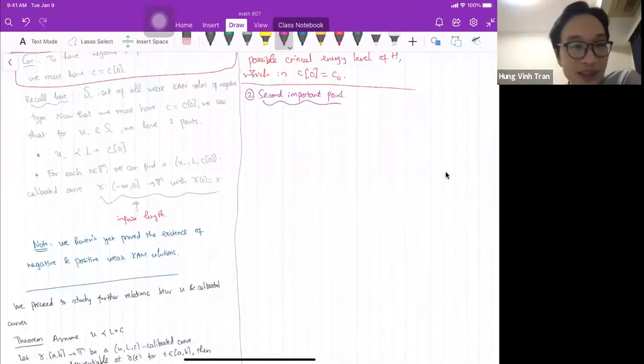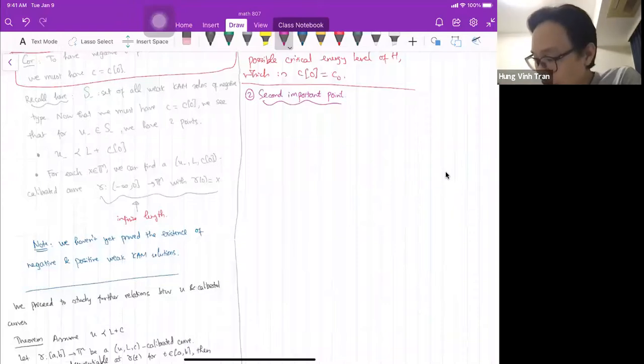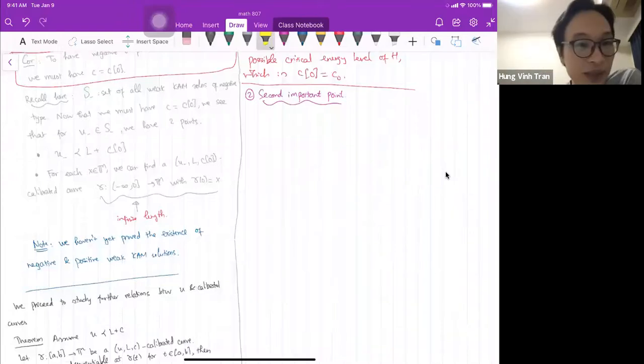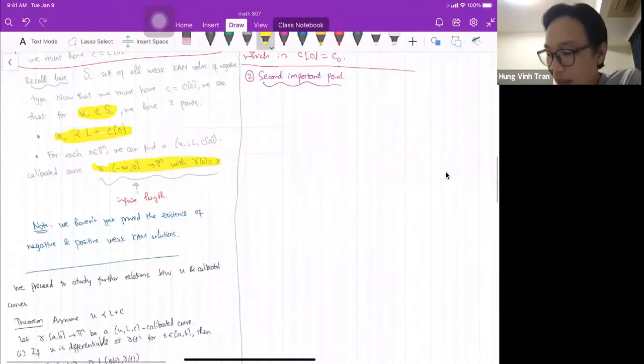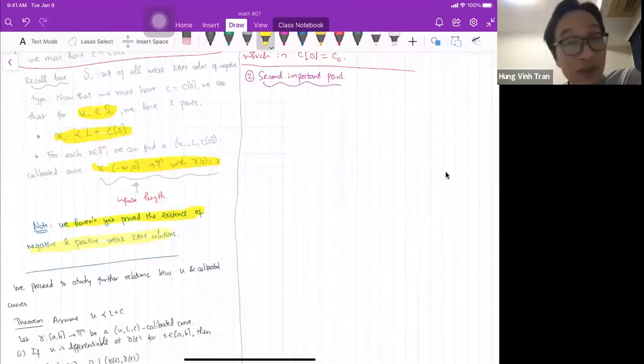But before that, let me give you this note, because so far we have only talked about, I recall the definition of S minus from the beginning already, so I don't have to repeat it here. But notice that so far we haven't proved the existence of negative and positive weak KAM solutions.